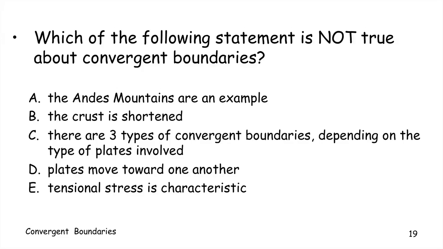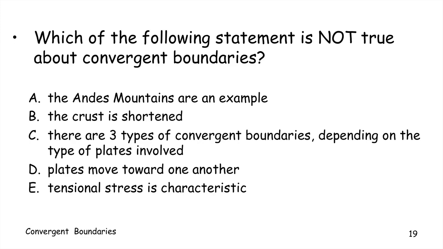So finally, just a few questions about convergent boundaries. So the first question, which of the following statements is not true about convergent boundaries? A, the Andes Mountains are an example. Well, that's true. The Andes Mountains are oceanic continental convergence, so they are an example of convergent boundaries. The crust is shortened.